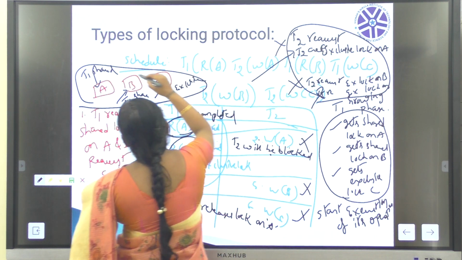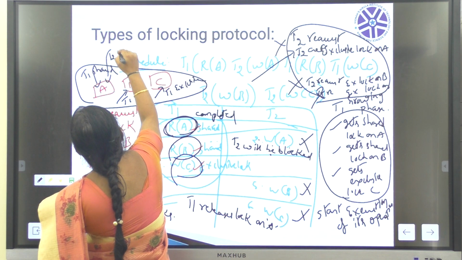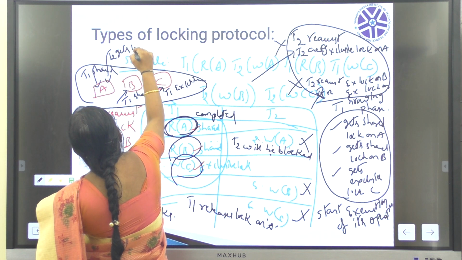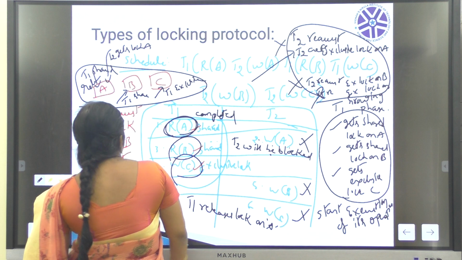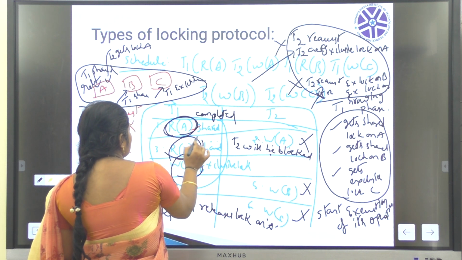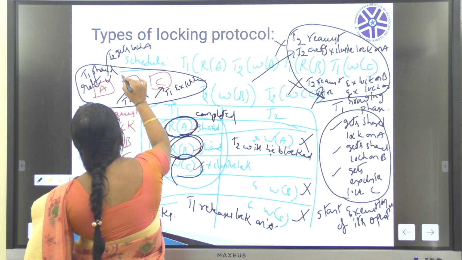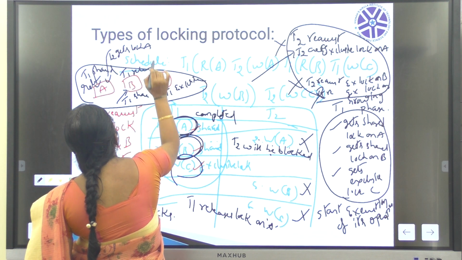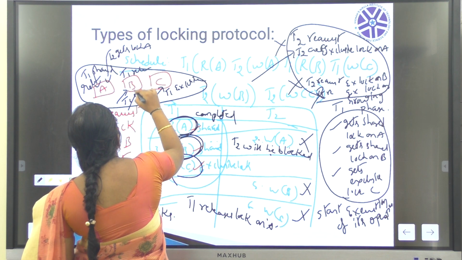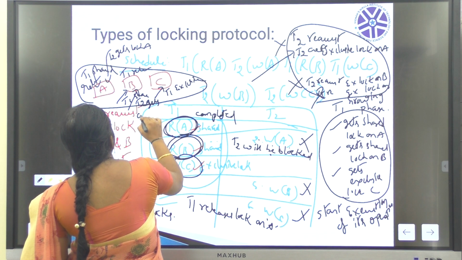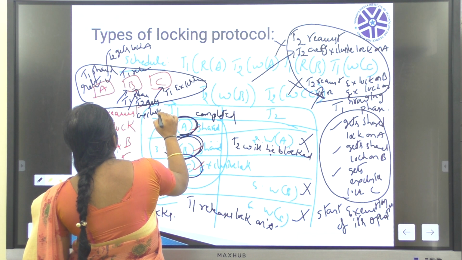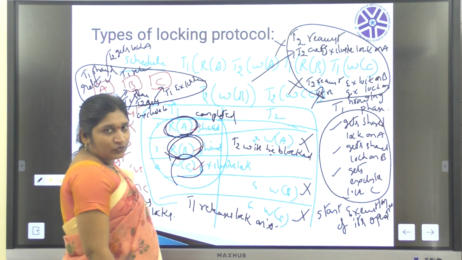T2 gets lock on A. Once T1 completed R of B, T1 releases lock on B and that particular lock is given to T2. T2 gets exclusive lock on B.